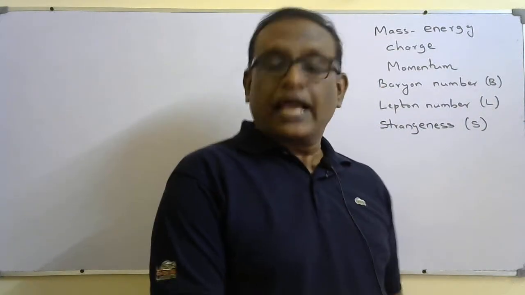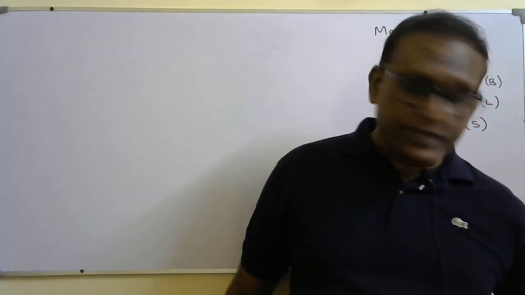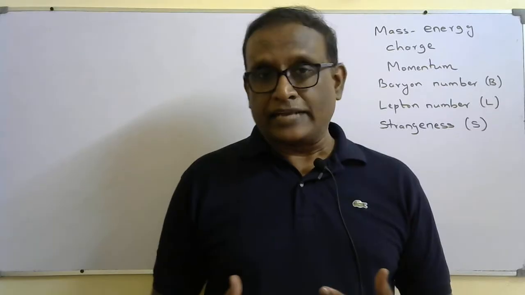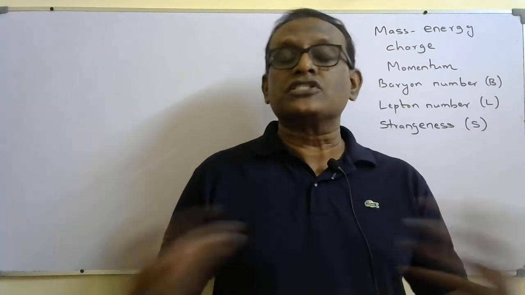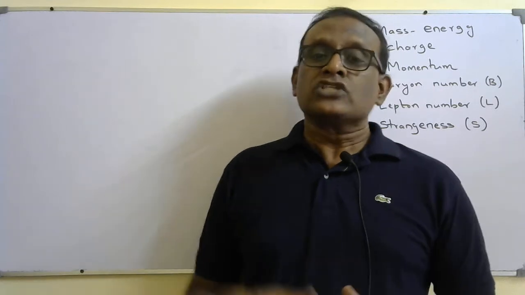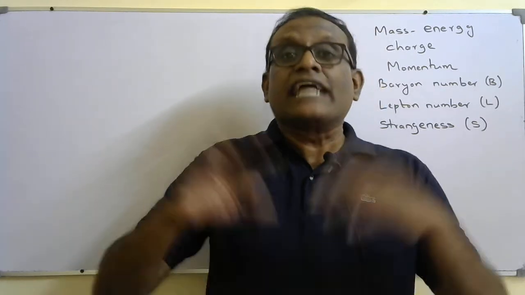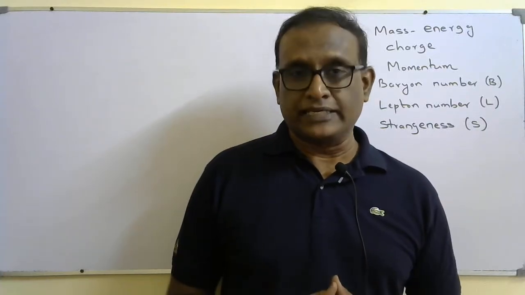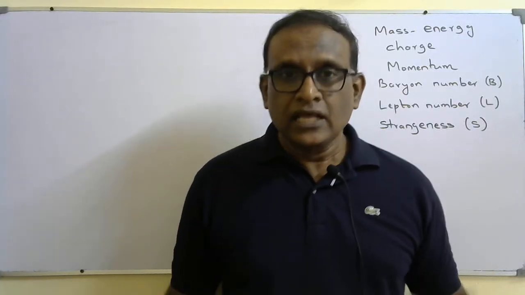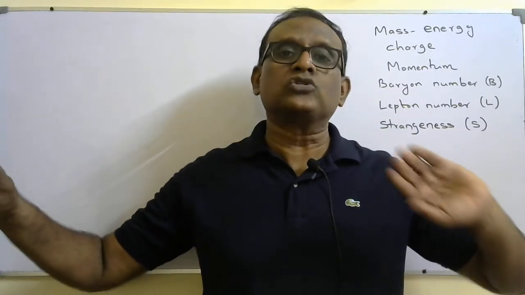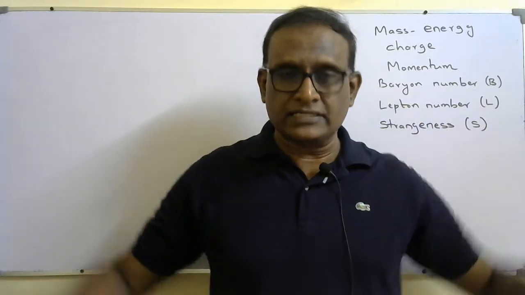Actually, if an interaction is strong, that means it is happening due to the strong nuclear force, and that is called strong interaction. So if an interaction is strong, then the type of quarks must be conserved. What do I mean by type of quarks? The total number of U quarks on the left side must be equal to the total number of U quarks on the right side.